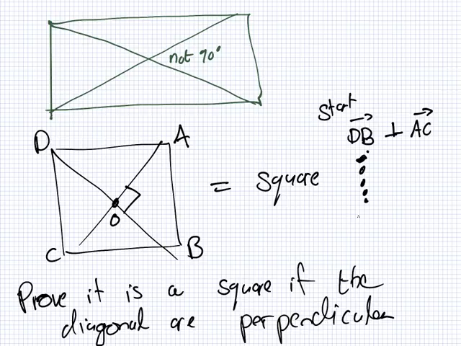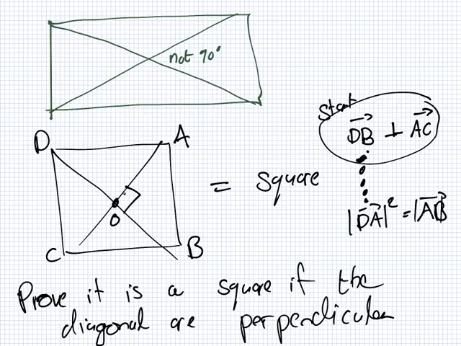So you're trying to end up with something like DA magnitude equals AB magnitude. So if you can start here, knowing that these are perpendicular, and end up with this result at the end, then you proved that it's a square.